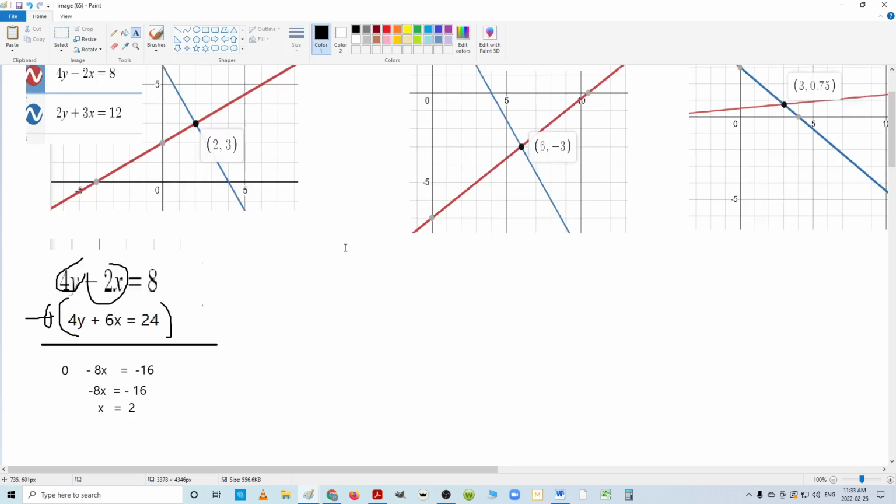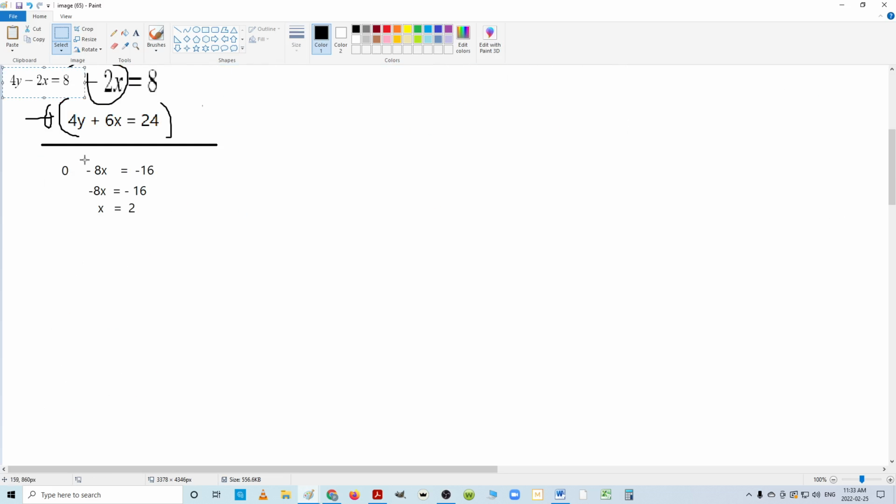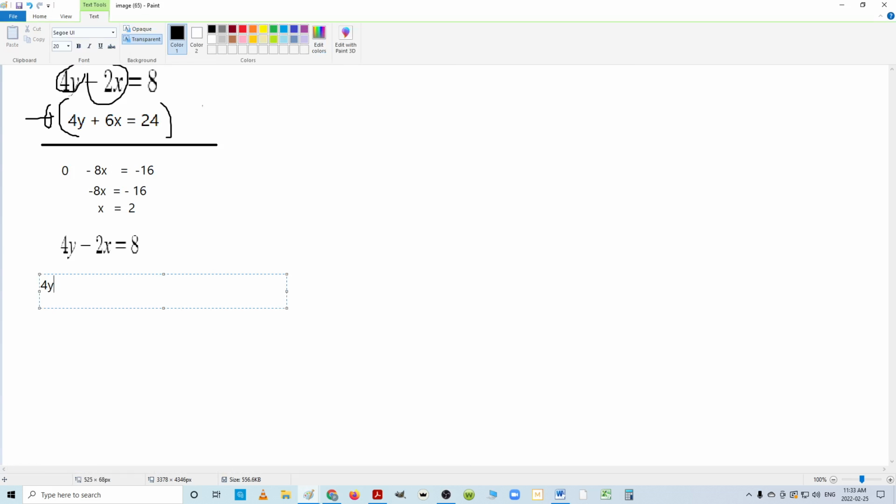Now all I have to do is take either of my original lines, whichever I feel is simplest. That's got a bigger number, so I'll try this one. And put x in for my value of x, wherever I see x. So I got 4y minus 2 times 2 is equal to 8. I got 4y minus 4 is equal to 8. What does algebra say?